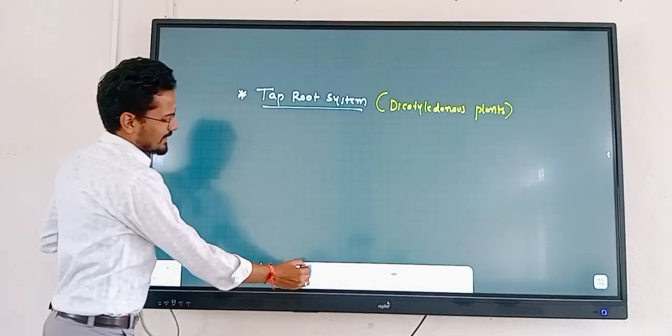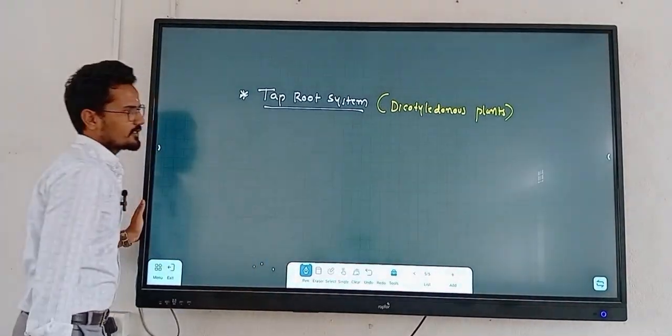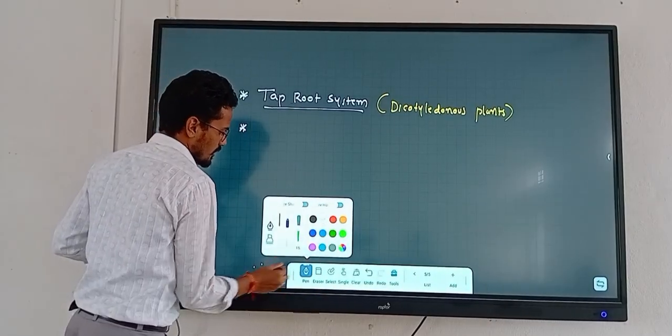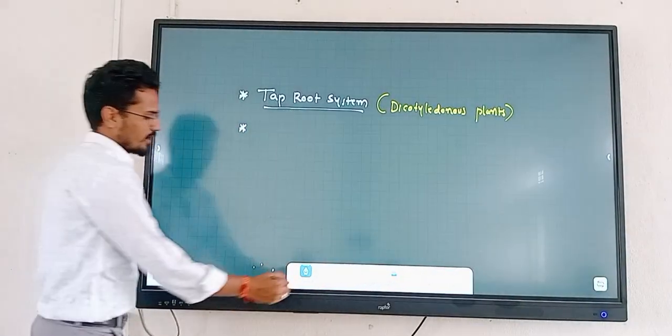The main characteristic of the taproot system is that it arises from the radicle.